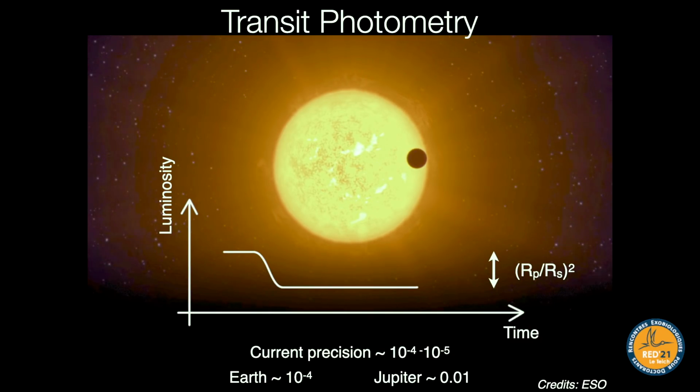Because, as I told you, radial velocity depends on the mass of the planet and its distance. So if we get the radial velocity, we can get the mass of the planet. But we have no idea about the size of this planet. Now, this method is very complementary, because here this drop in luminosity is proportional to the area that the planet covers relative to the area of the whole star.